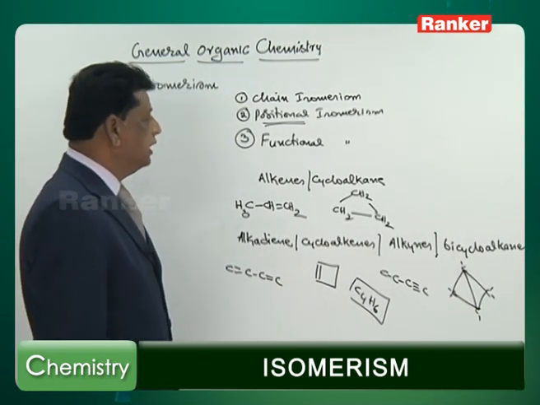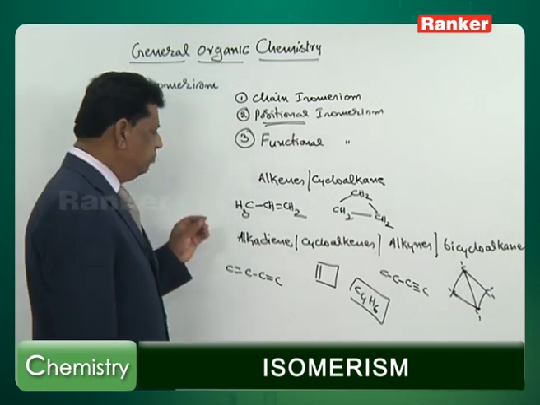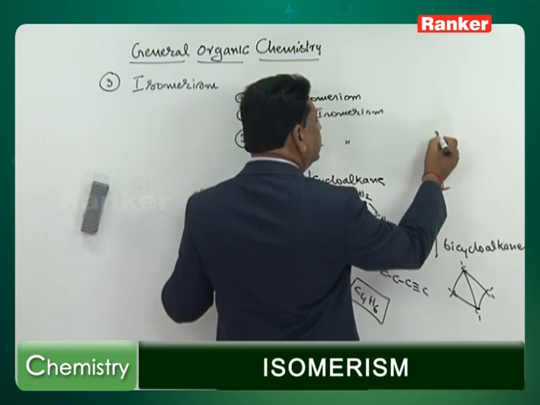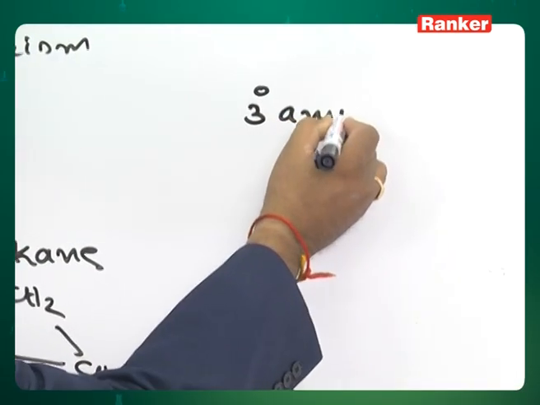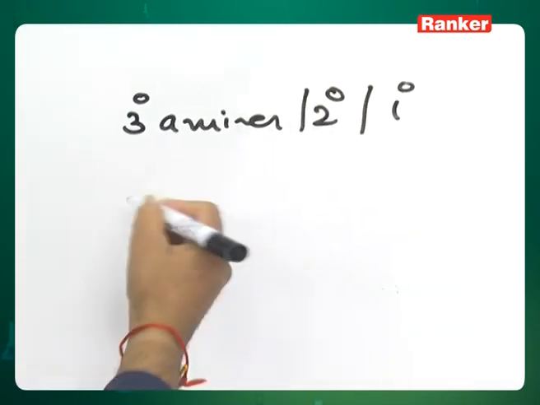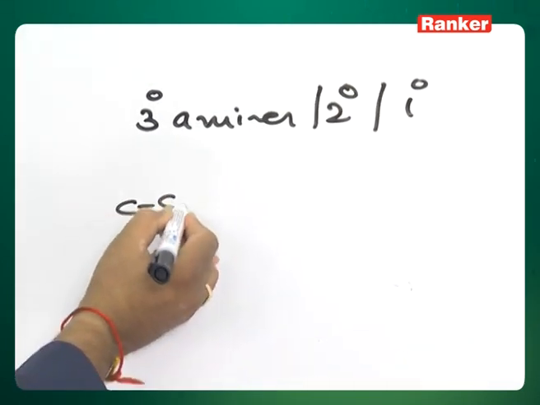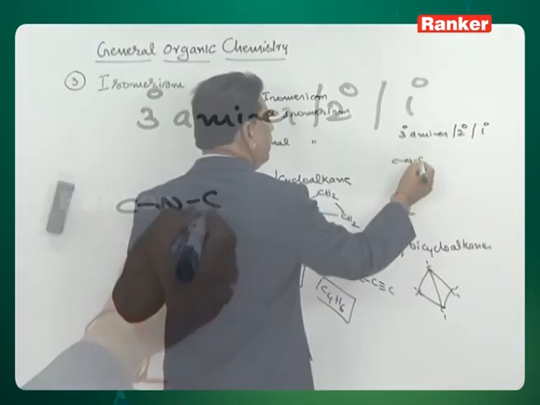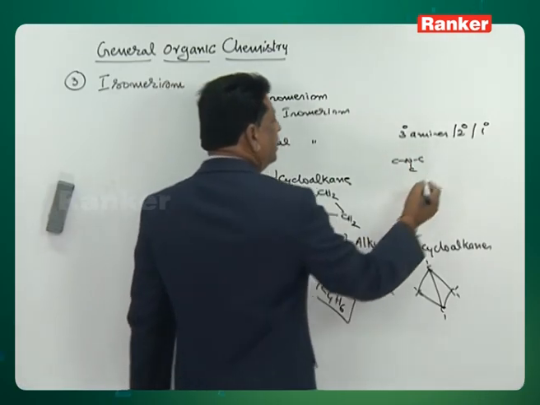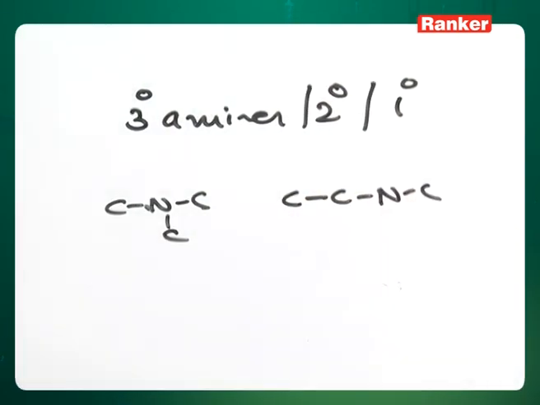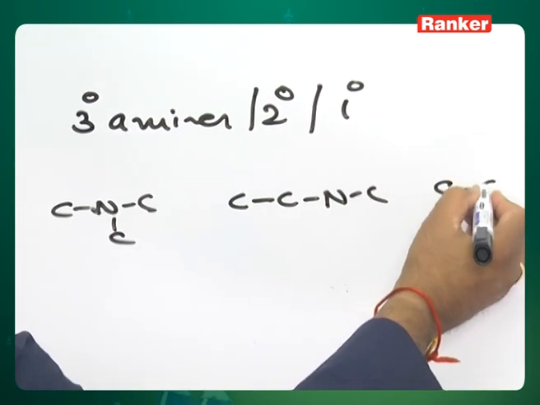Functional isomerism. Some functional groups belonging to, for example, amines: 3-degree amines versus 2-degree amines versus 1-degree amines also. An example, trimethylamine and ethyl-methylamine and the n-propylamine.